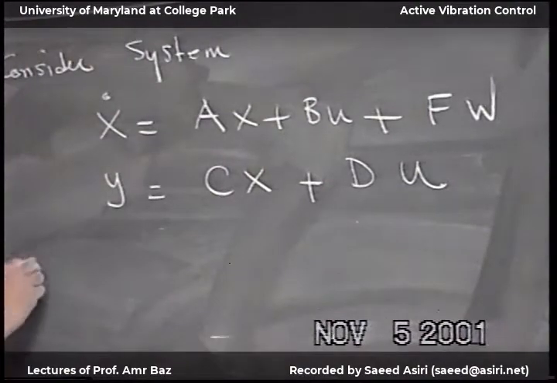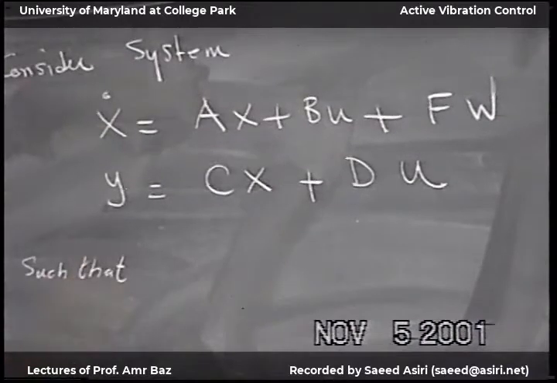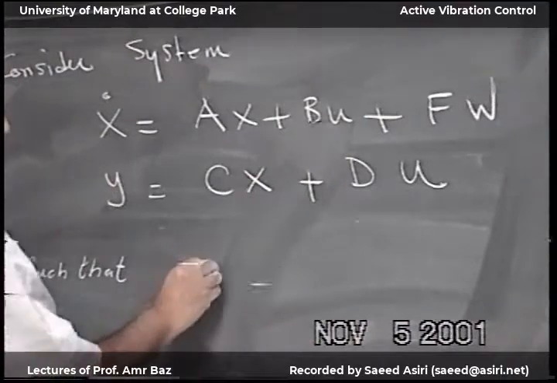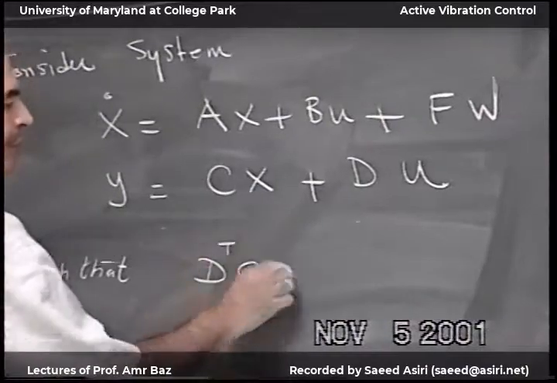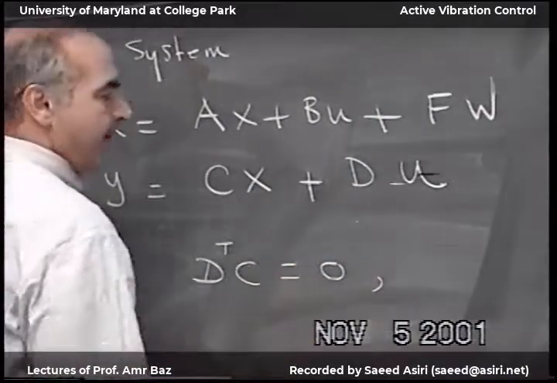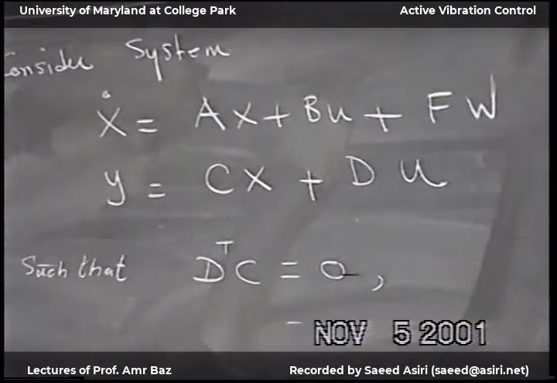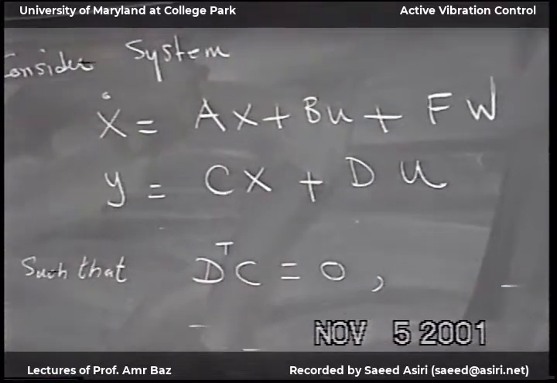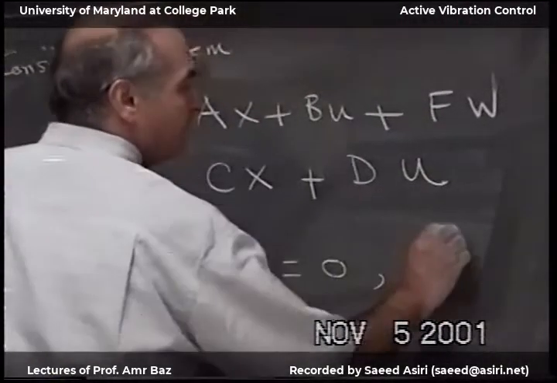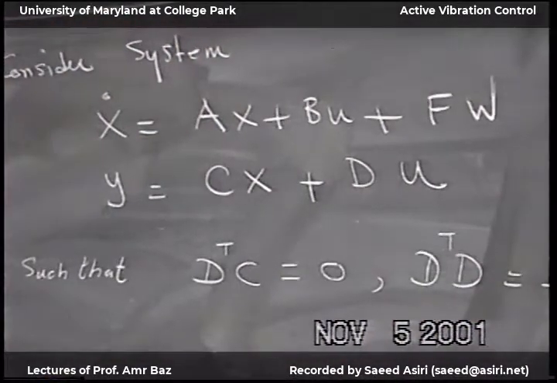And I'm going to do this such that D transpose times C is equal to 0, and then D transpose D is equal to 1, or identity.